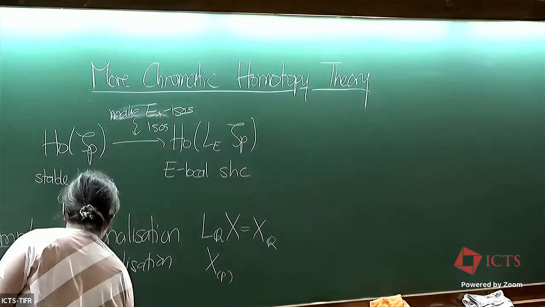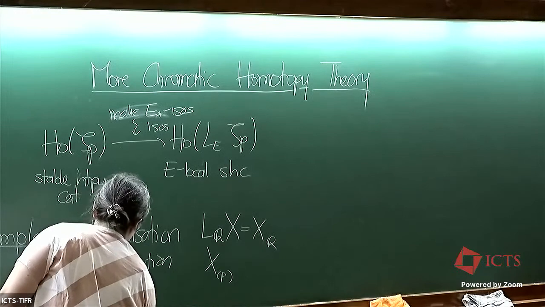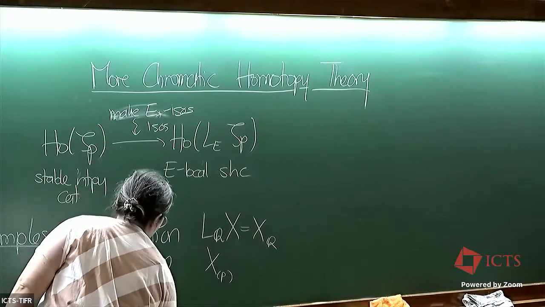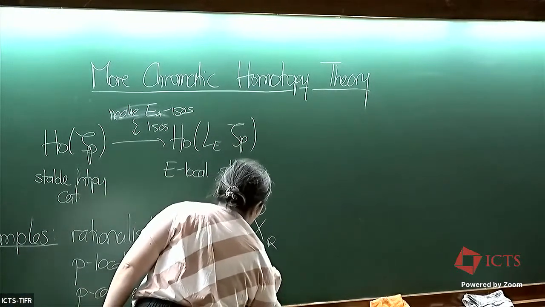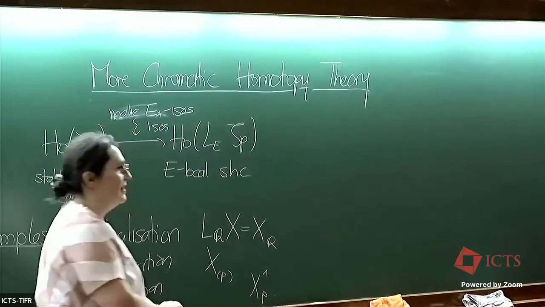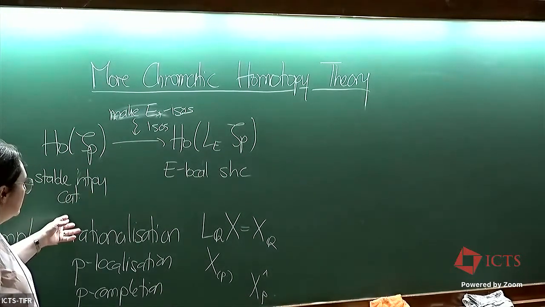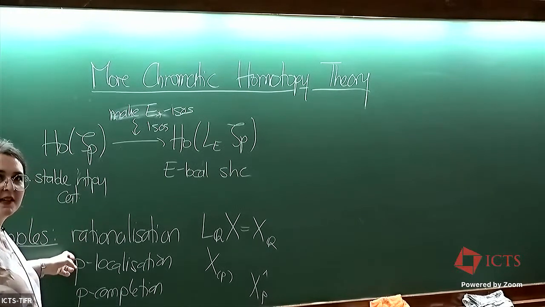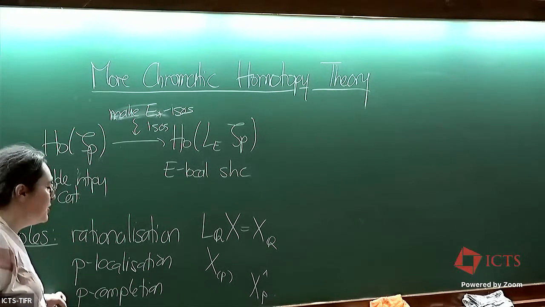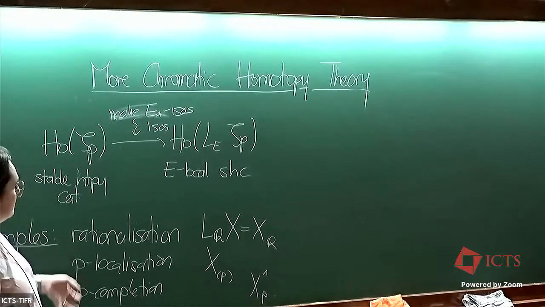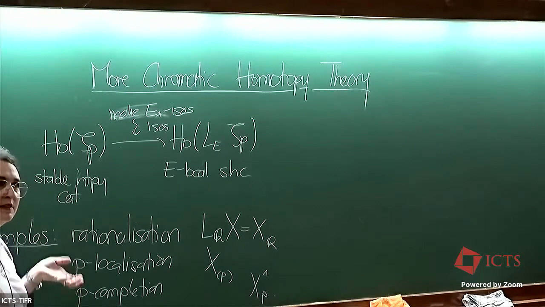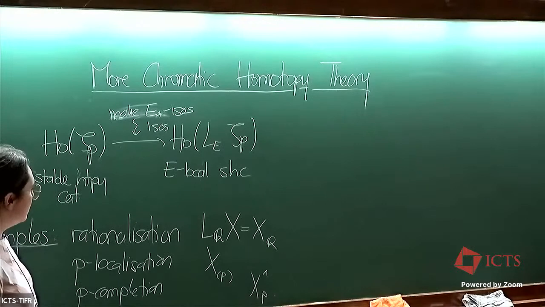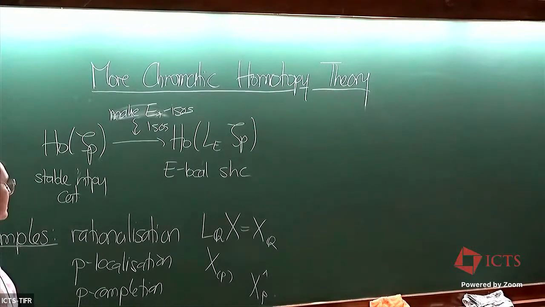And we did p-completion. And these two had very nice technical properties. This one, not so much, but they all have their various technical advantages and disadvantages depending on what it is that you would actually like to do with it.